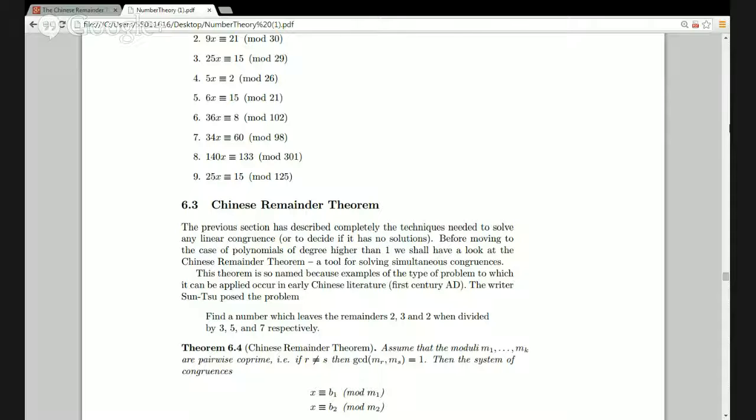We'll find solutions to these. In the next chapter, we'll describe this process for lifting those solutions up until finally we get to solutions to the polynomial congruent to 0 modulo the final power of the prime. And then once we have these solutions to all of these polynomial congruences, we'll be able to glue all those together using the Chinese remainder theorem until we finally arrive at solutions to the initial problem.